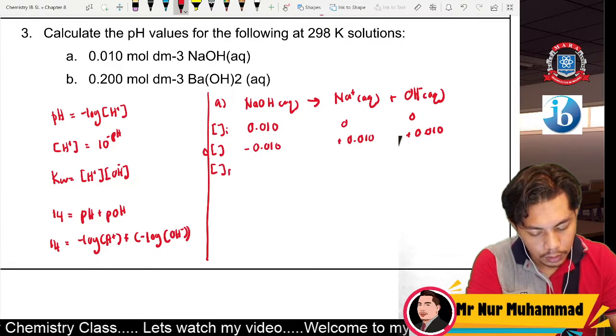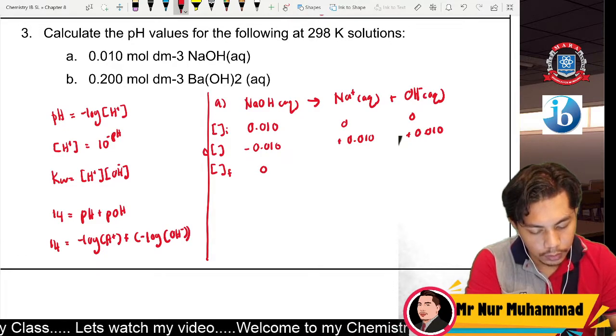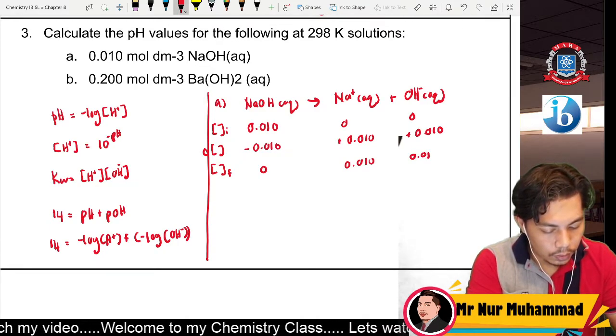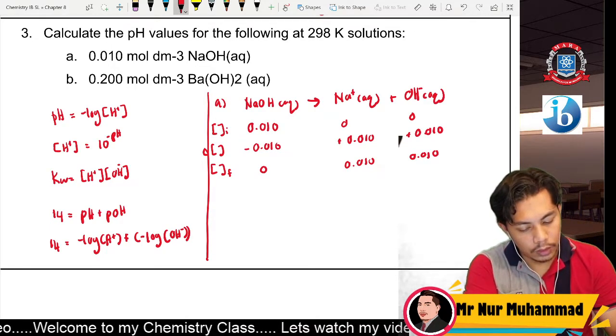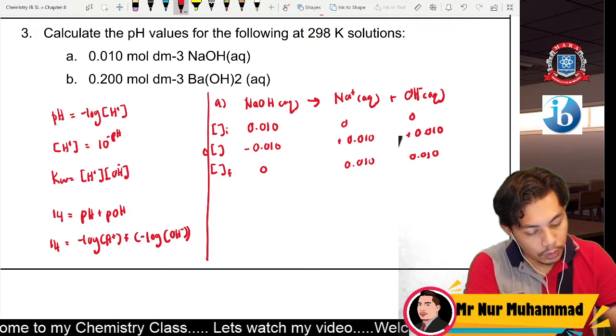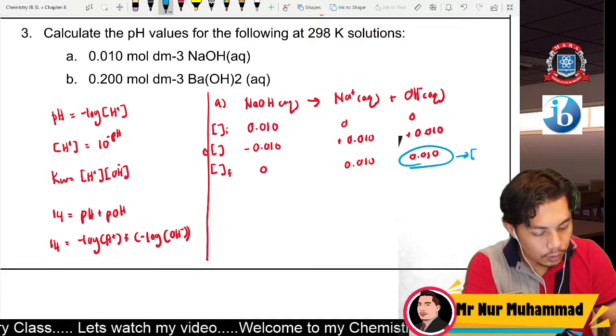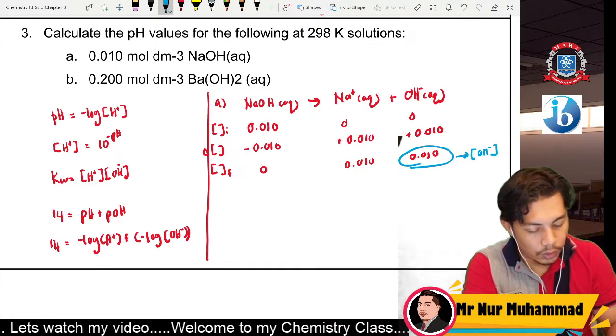The final reactant becomes 0, and the final concentration of hydroxide ion is equal to the concentration of sodium hydroxide. So this is our hydroxide concentration.